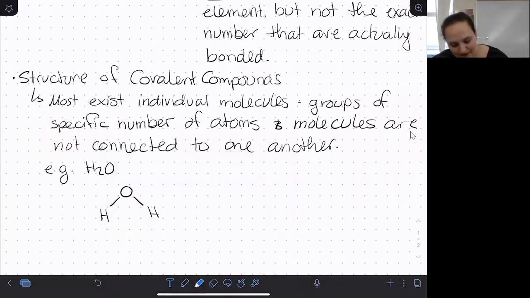It has exactly one oxygen atom connected to exactly two hydrogen atoms. It is not a ratio, it is an exact number. So a water molecule always has exactly one oxygen connected to two hydrogens, not just a 2-to-1 ratio.